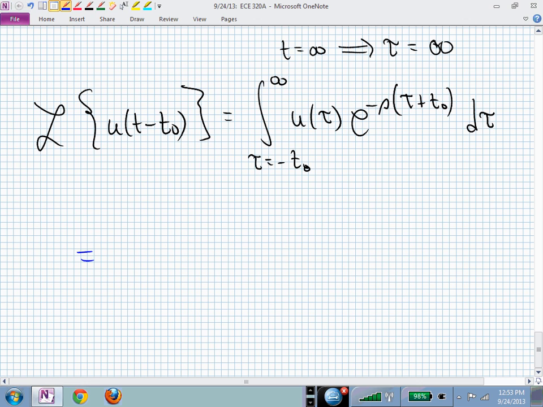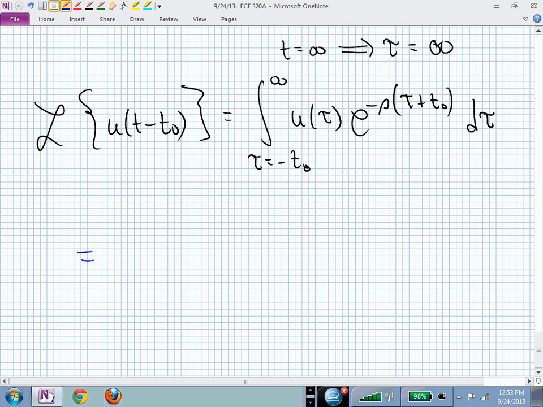That exponential, I can use my understanding of exponentials. I can separate that into two pieces, an e to the minus s tau and an e to the minus s t0. I'm integrating with respect to tau. E to the minus s t0 is independent of tau. I can pull that out of the entire integral and not have to deal with it.